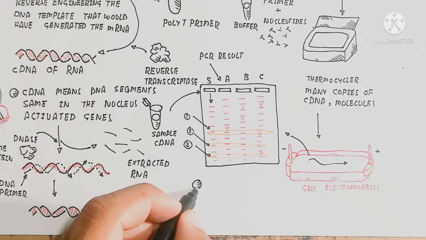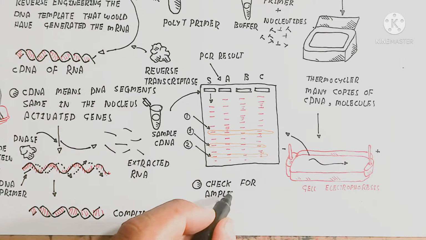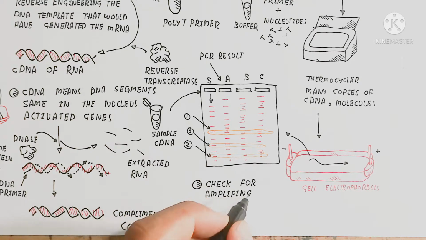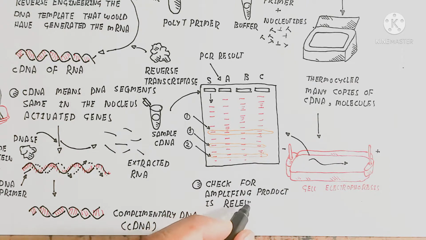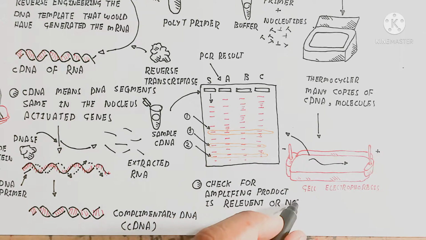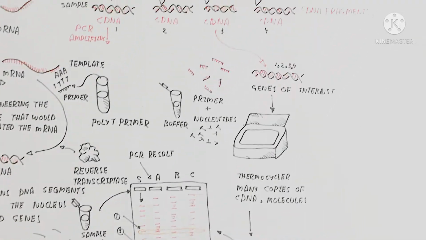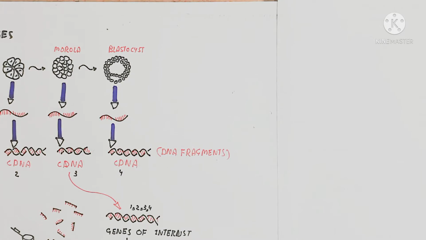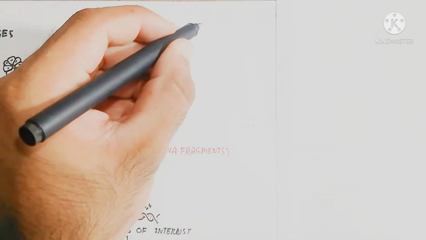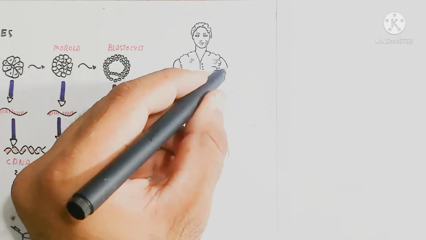So we can check whether the amplifying product is relevant or not. When the product is relevant and the segments are equal, it means we can say that at every stage the gene is activated or inactivated on the basis of showing the color after the microarray assay, a technique we will discuss later.